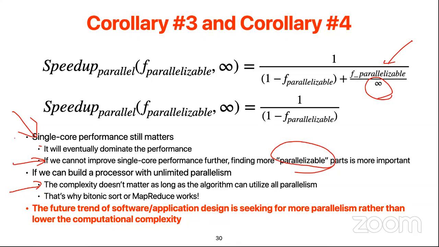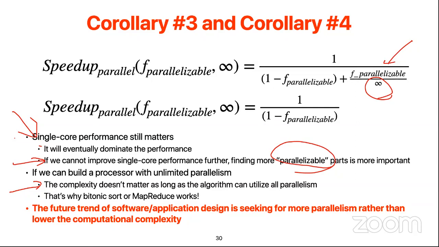So what that tells you is, if you can find enough parallelism, if your hardware is able to extract tons of parallelism, the computational complexity, the big O notation of the algorithm, doesn't make any difference.